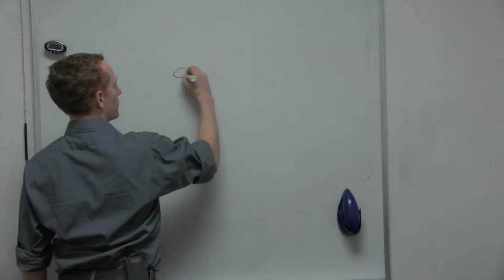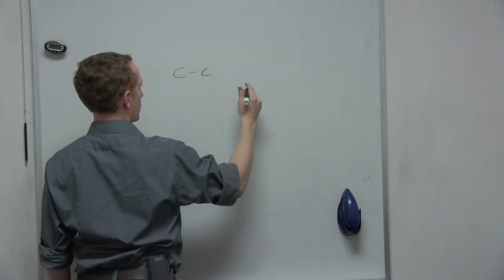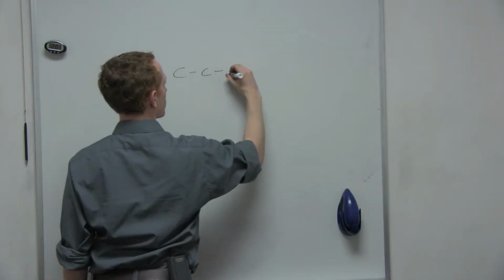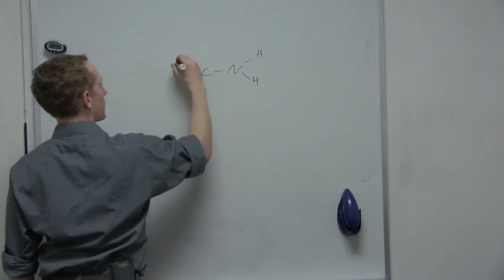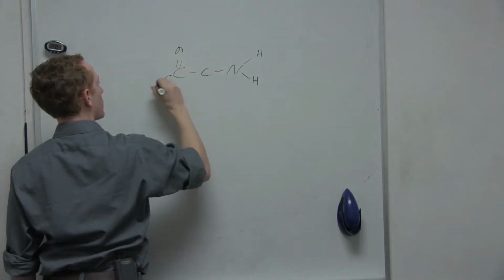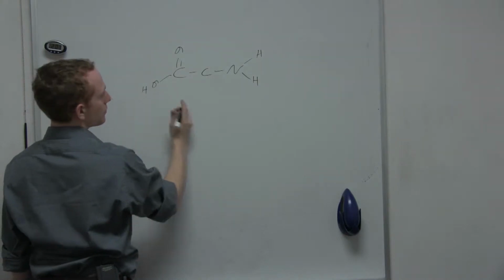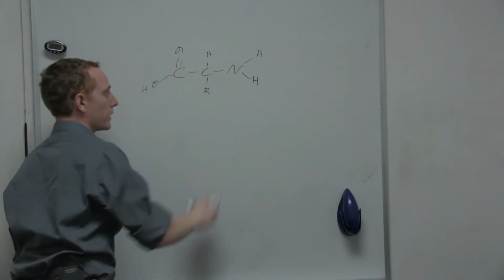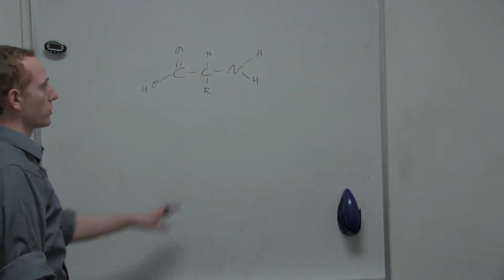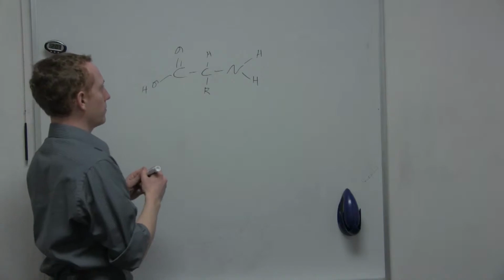So you have your amino group and your carboxyl group, which is an acid, hydrogen, and our R group, which is just what makes this guy different than other guys. It varies.